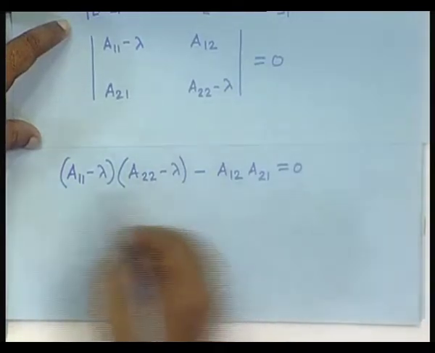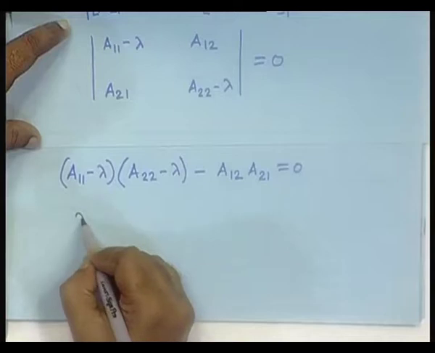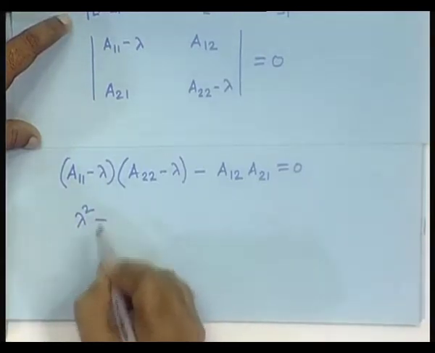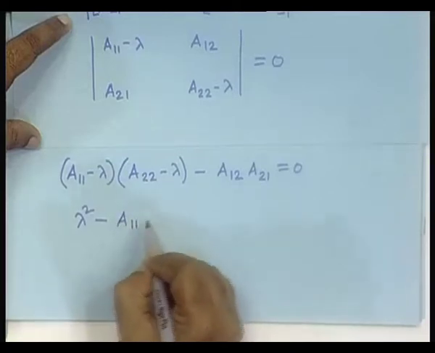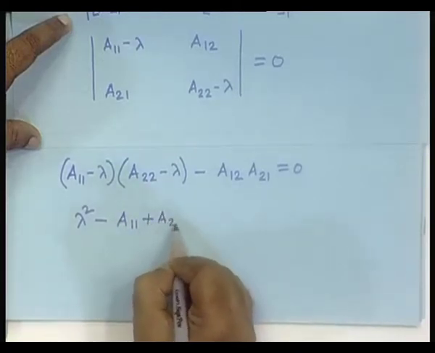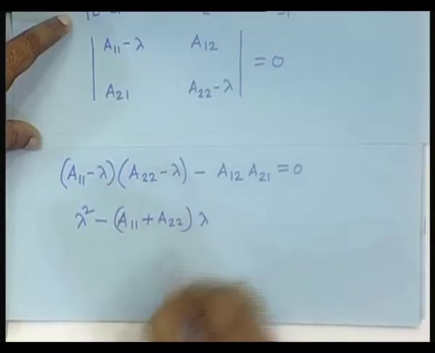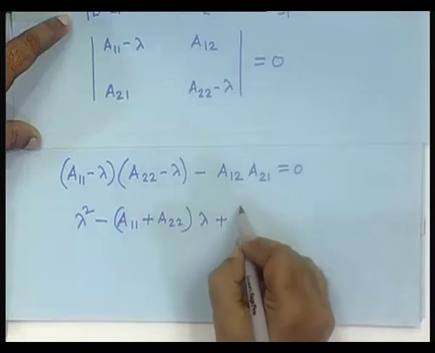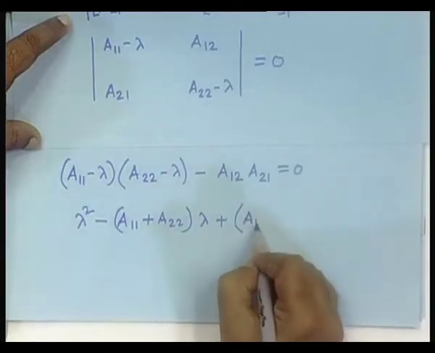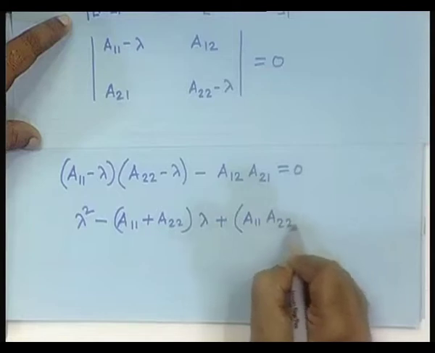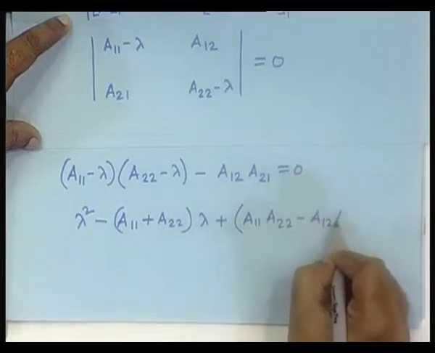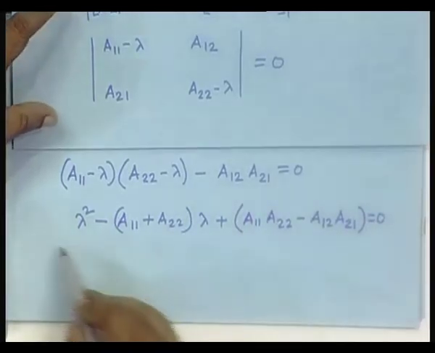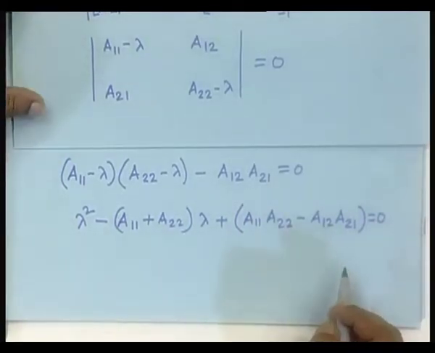Now we can multiply this out: lambda square minus (A11 plus A22) lambda plus (A11 A22 minus A12 A21) is equal to 0. Notice that it is a quadratic equation.